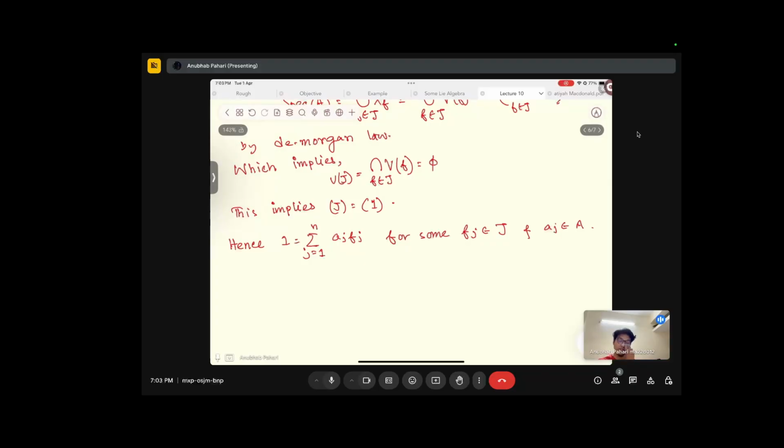Because J was generated by these things and all the elements are finite sums thanks to the algebraic property.